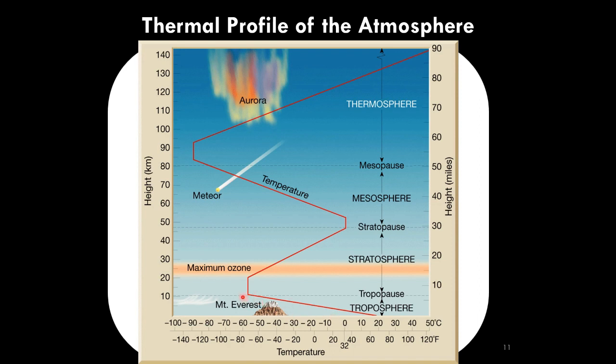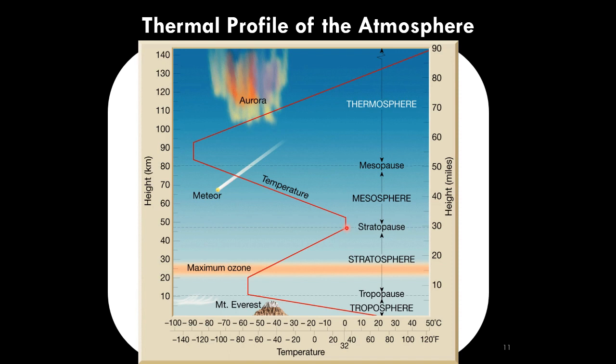All right. Then we have the tropopause, the transition region between the troposphere and the stratosphere. In the stratosphere, because of the UV radiation, the higher you go up into the stratosphere, the warmer the temperature becomes. The transition region between the stratosphere and the mesosphere is the stratopause.